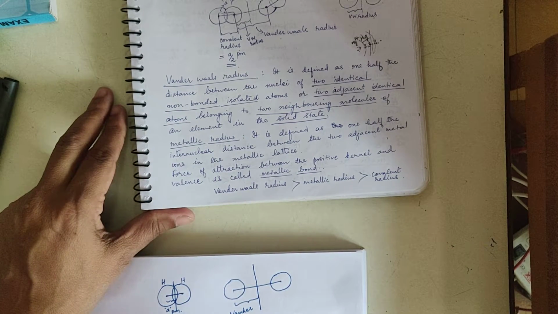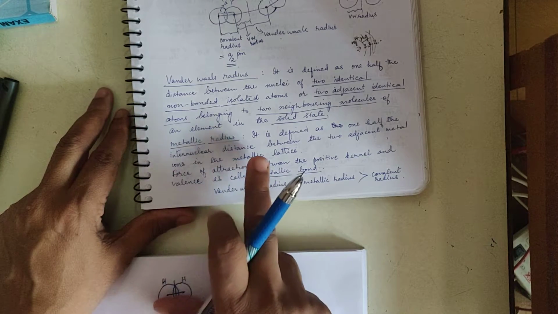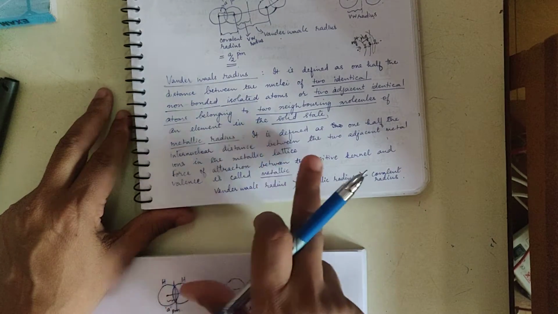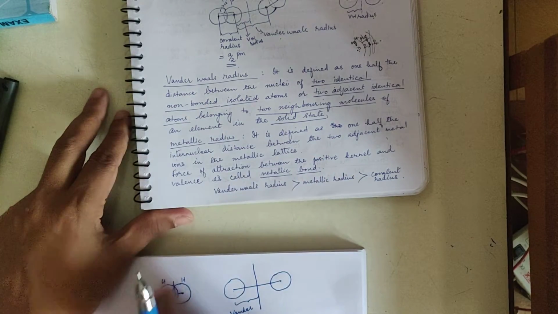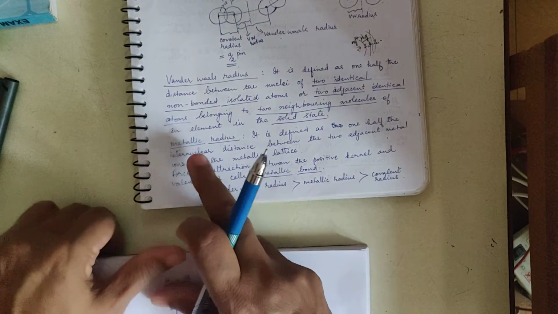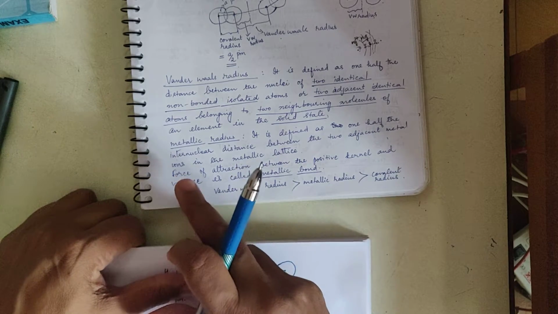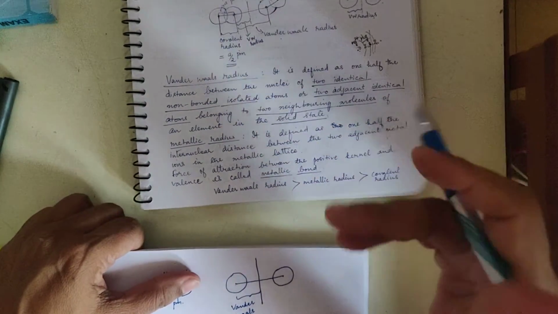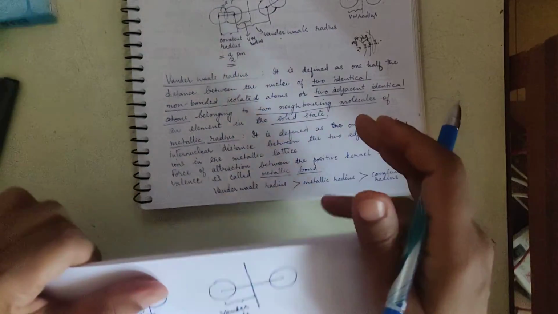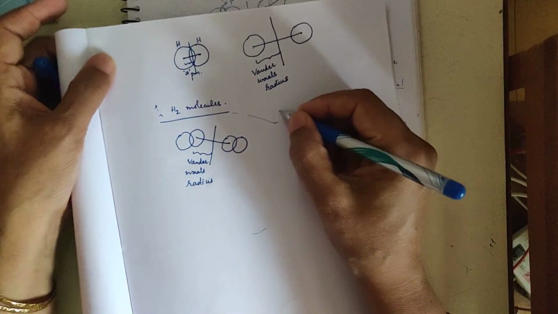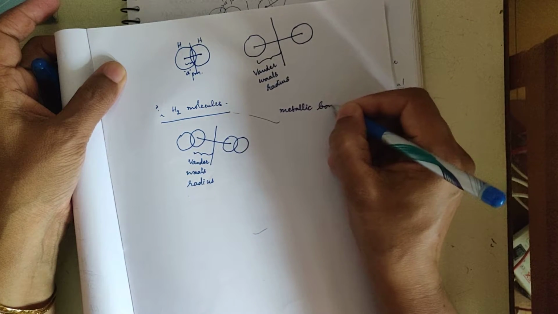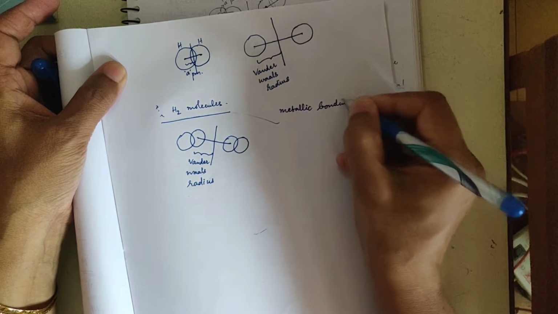It is defined as 1/2 the internuclear distance between the two adjacent metal ions in the metallic lattice. Now we are talking about metallic radius and we are talking about metal ions. Then what does it mean? See, remember first of all what is meant by metallic bonding.